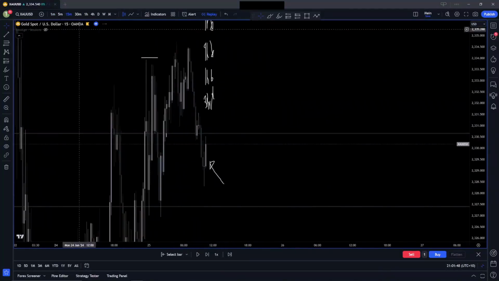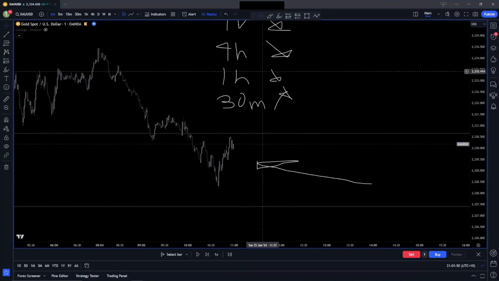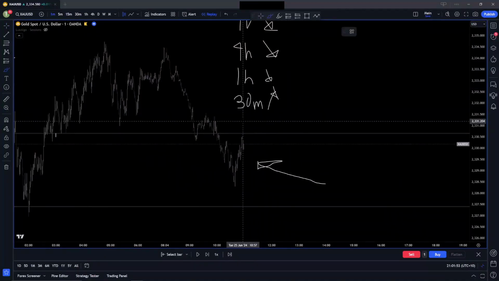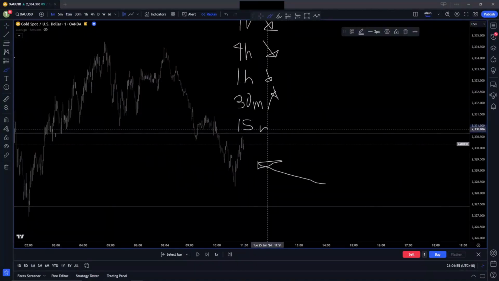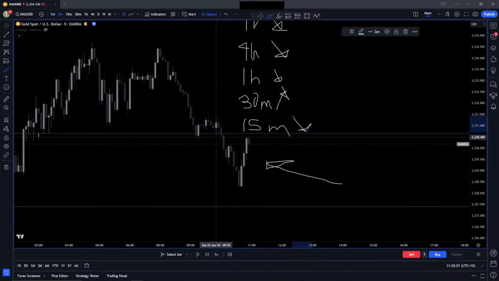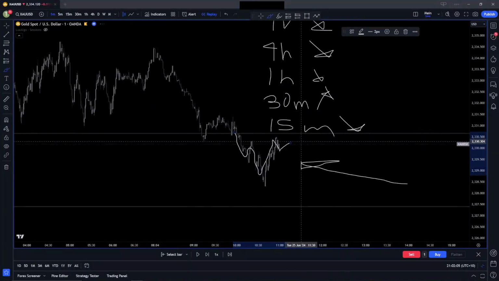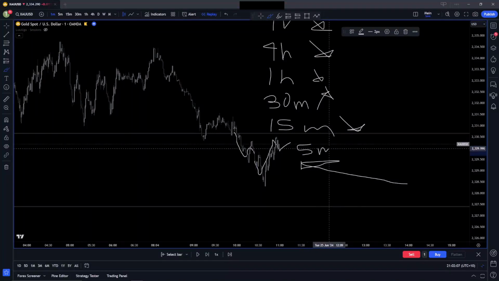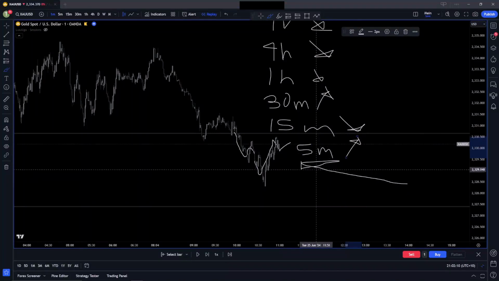So 15-minute wise, previous is looking bearish. 5-minute, you have a shift here. That's looking bullish. 5-minute, looking bullish. And the 1-minute, you have a shift, so you're looking bullish.